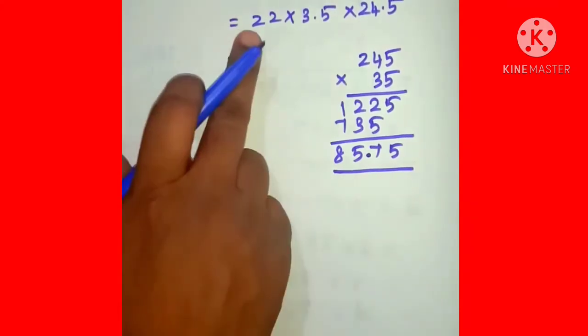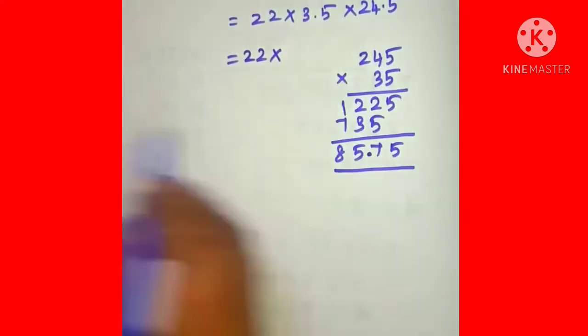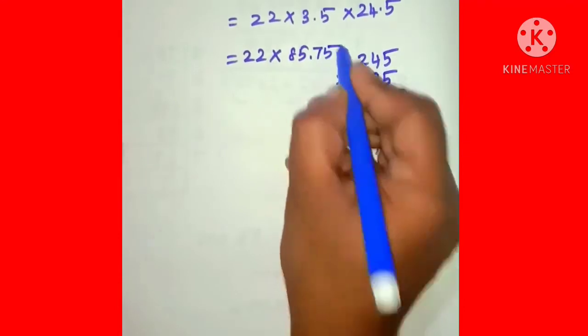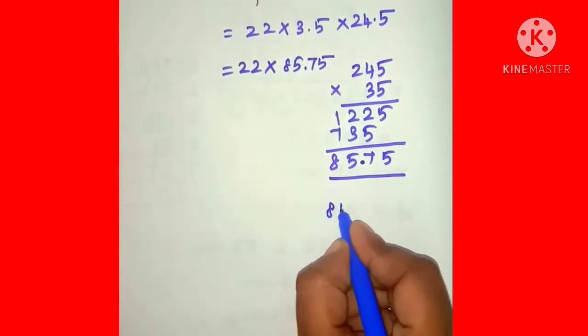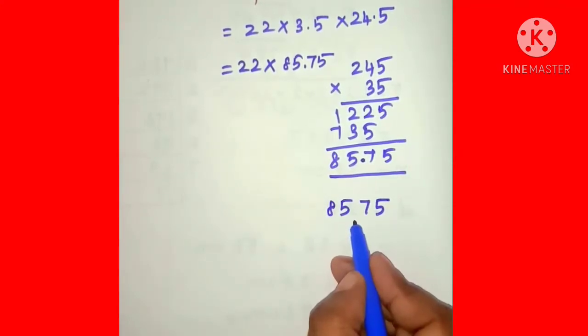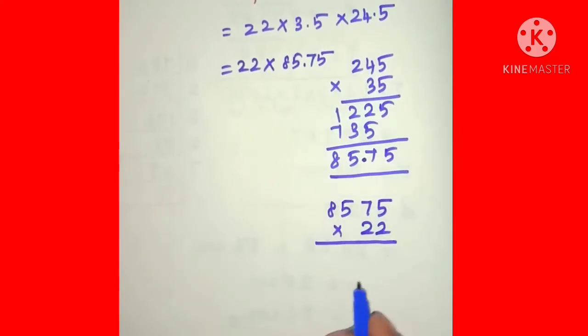Now students, multiplying 85.75 with this 22. So 22 into 85.75. So again, leave the decimal point, and multiply 8575 by 22.